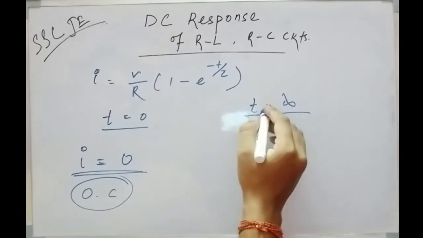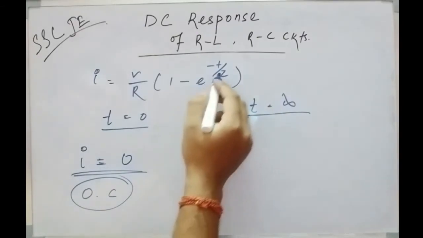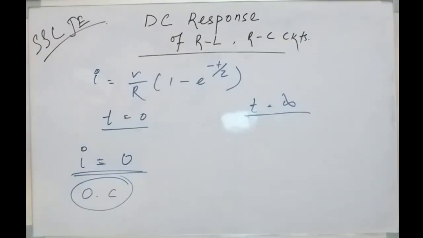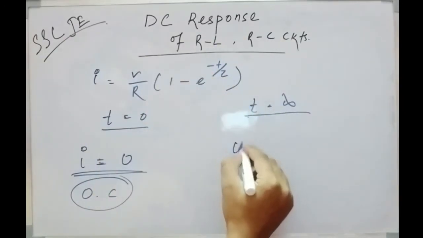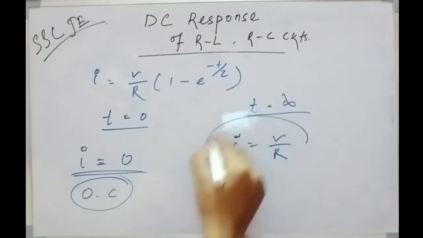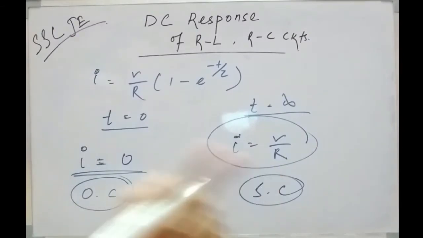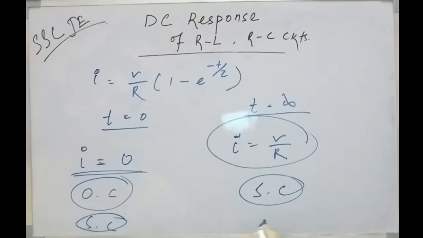At t equals to infinity, e to the power minus infinity is 1 by infinity, which is 0, so I you are getting as V by R, that is maximum current. There current is maximum, that means it will act as a short circuit. Fine. For the capacitor, we got the initial condition as short circuit and the final condition as open circuit. Remember this.